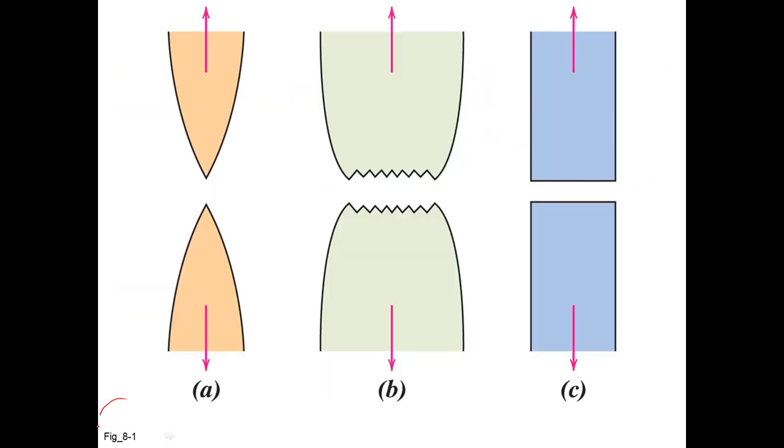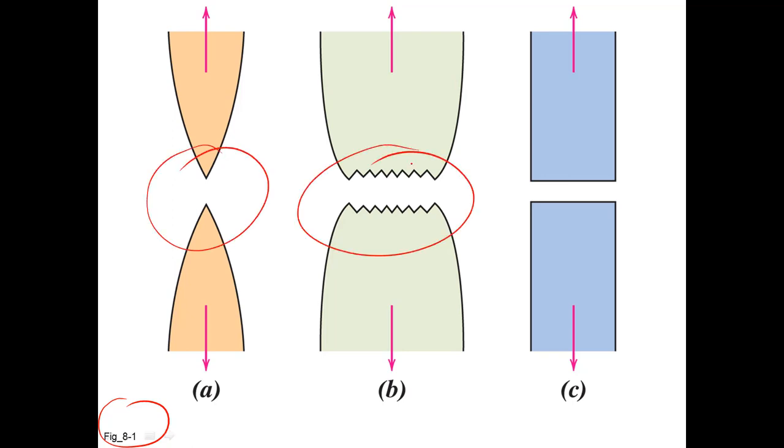So we're looking here at figure 8.1, and we're seeing three cases of failed surfaces, all pulled in tension, and the failure surfaces all different.